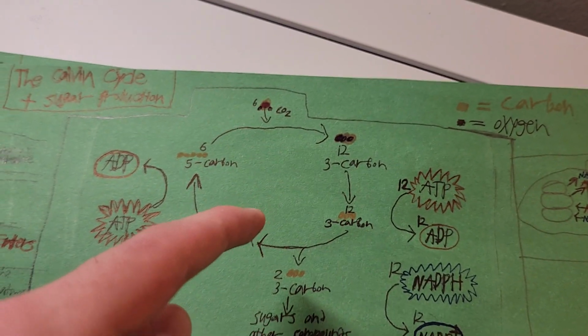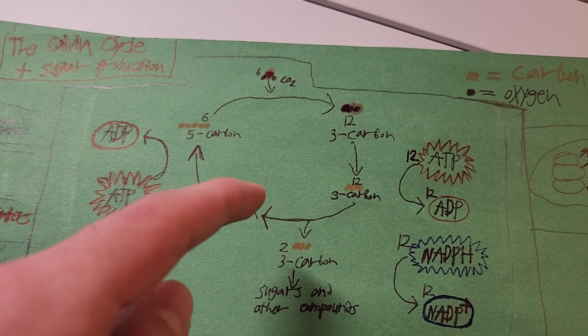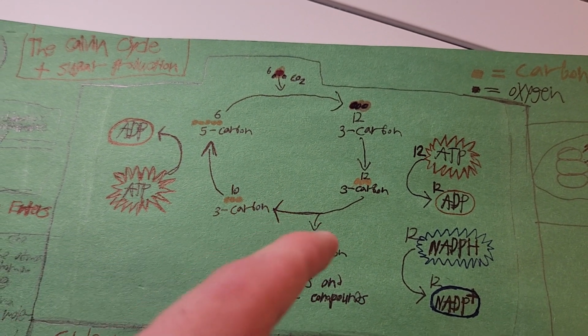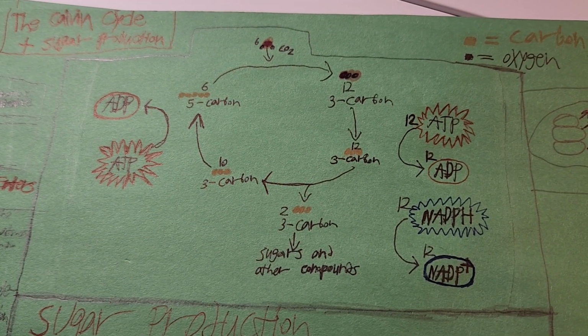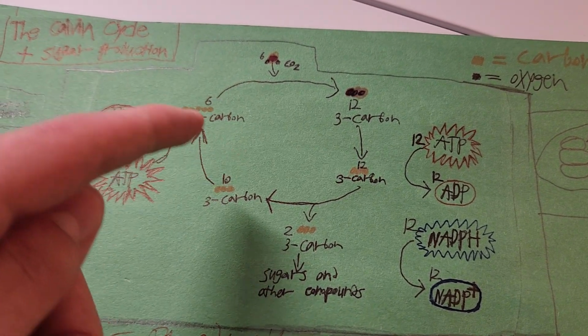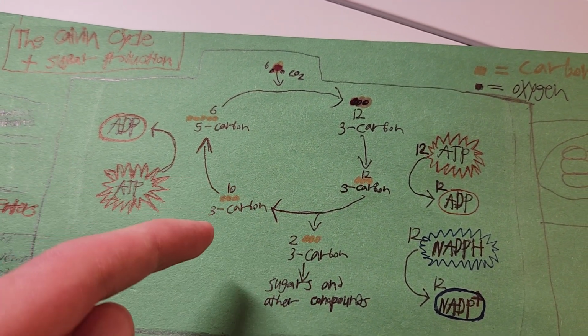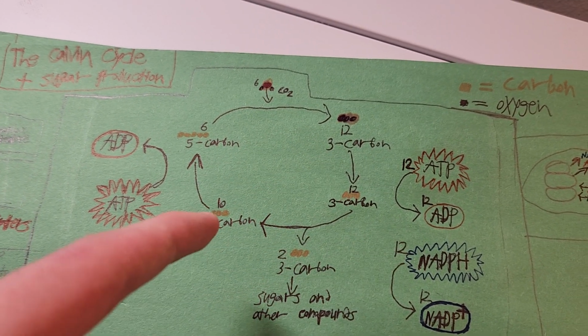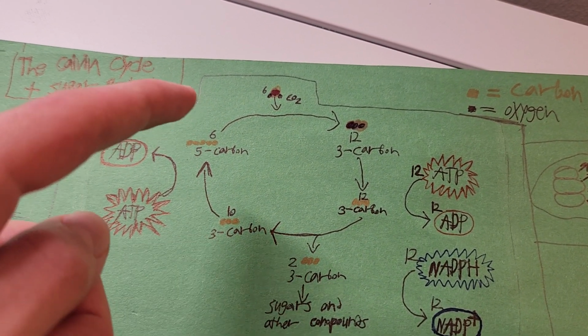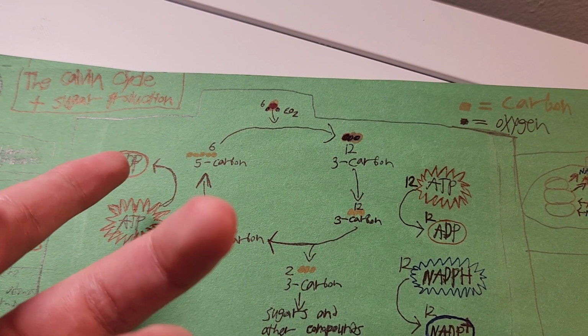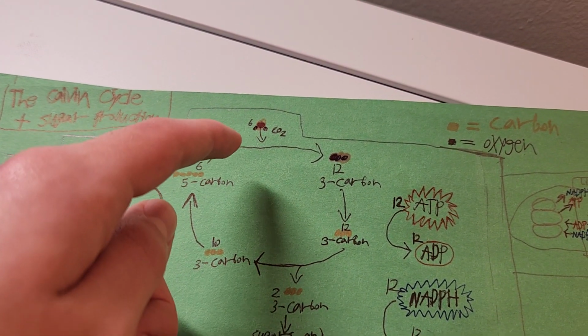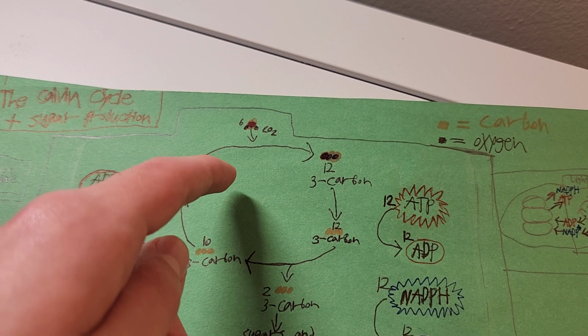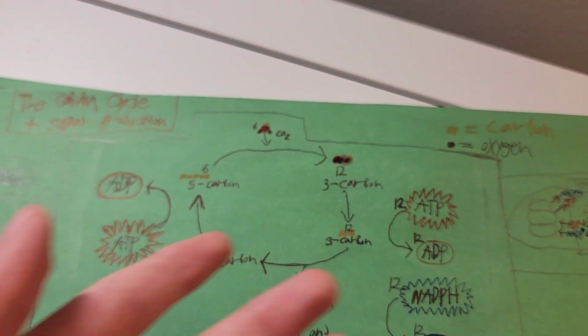Two of these 12 3 carbon molecules are eventually discarded to be used to form sugars and other compounds, like lipids for example. These 10 3 carbon compounds then are fused together with the help of these energizers right here to eventually form 6 5 carbon molecules, which eventually combine with 6 CO2 molecules to restart the cycle all over again.